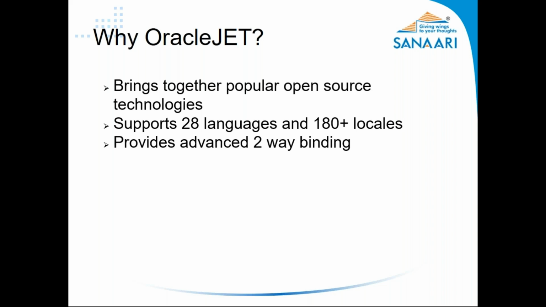What Oracle Jet does is it provides a connection between the user interface and the controlling code. That's one way of binding. And the second way of binding is it binds the database, the model, with the controller. So it provides the facility of two-way binding. Well, this is all theory. We'll be learning this in practical in the further sessions.